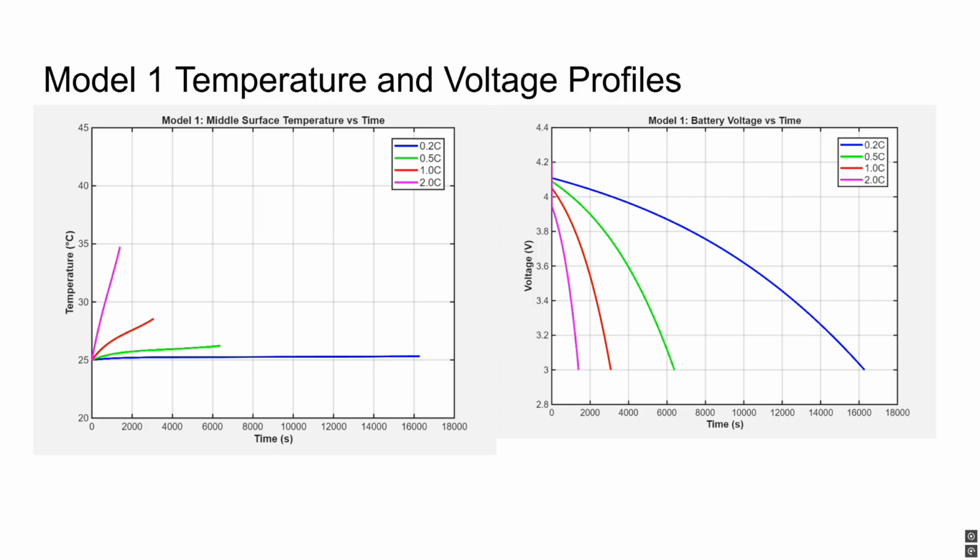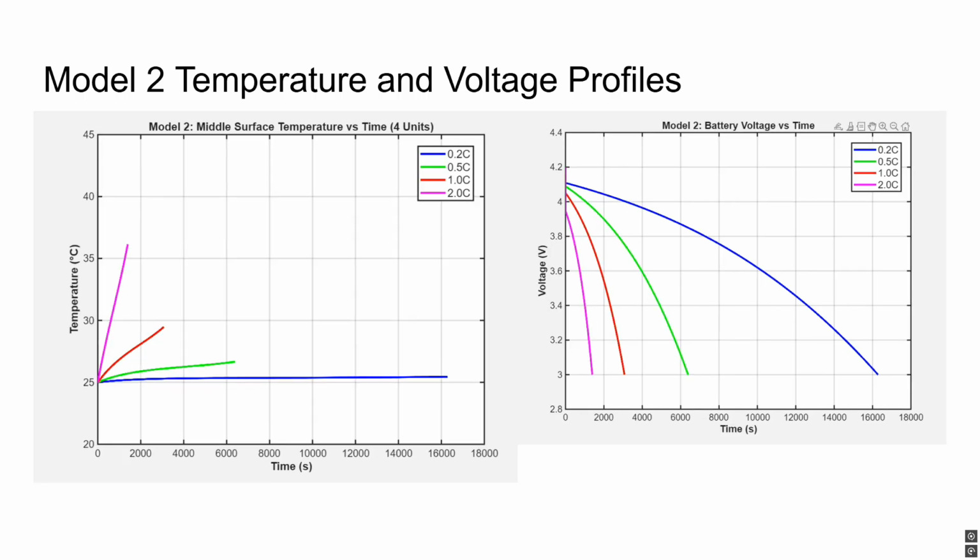And for the voltage, we have a faster drop in voltage with greater discharge rates. And this is completely different from the presentation that we submitted last time, as I gained errors because I had a linear model.